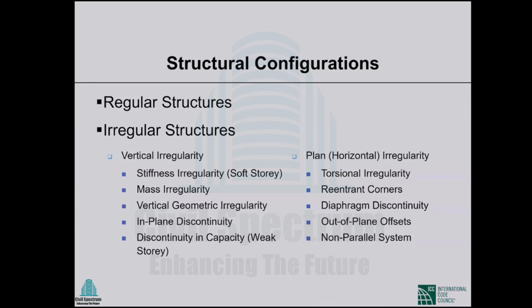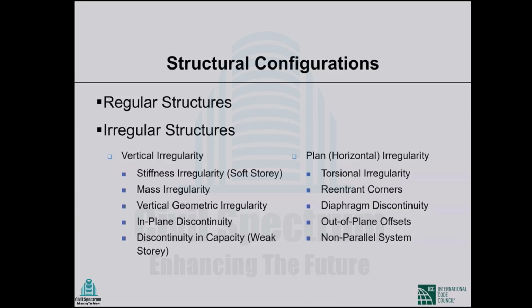The irregularities are classified in two classes. One is called vertical irregularity, that is the irregularities that we can see from elevations of a building or elevational sections of a building.